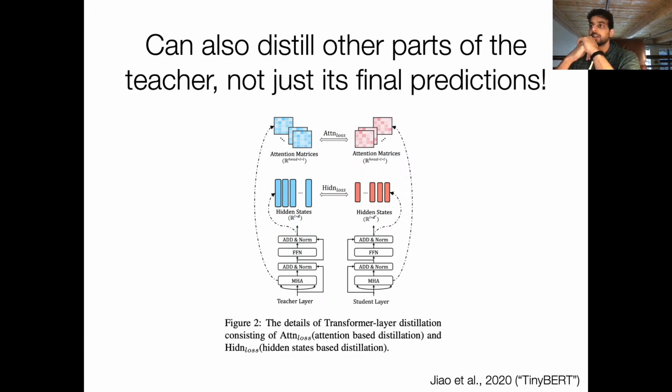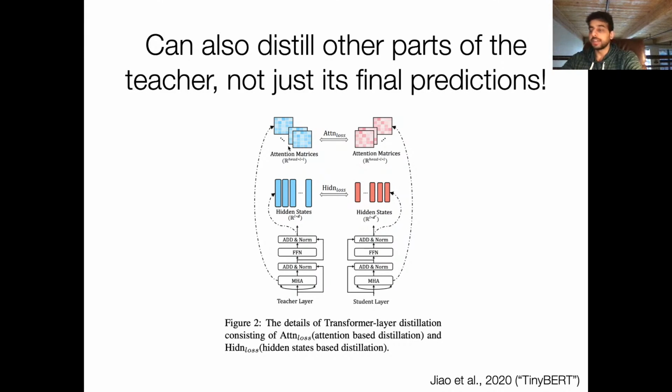It's basically saying we want the hidden states of our small model to be similar to the hidden states that you observe from the teacher model.